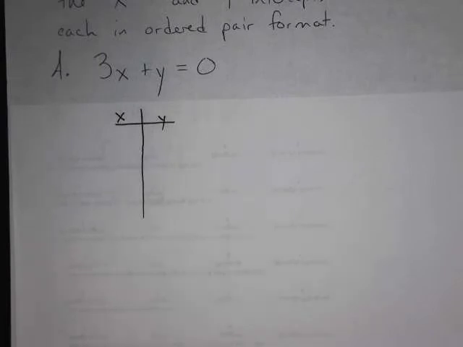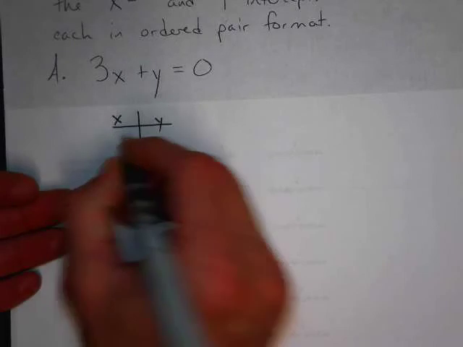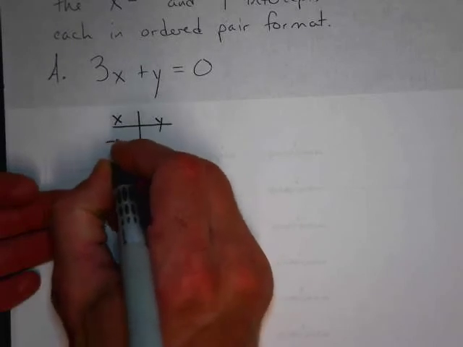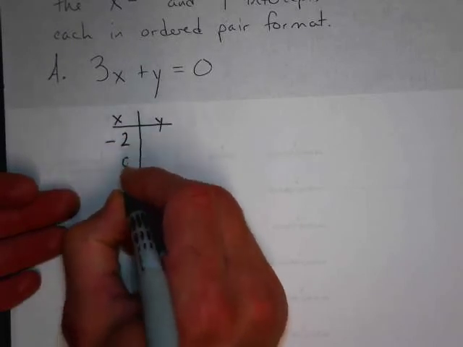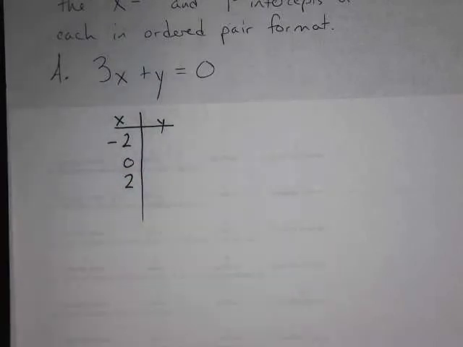In this case, I already know the graph looks like a straight line. So realistically, I only need 2 points. I'm going to give 3 anyway, but I only need 2 points. So let's say we have, maybe -2, 0, and +2.